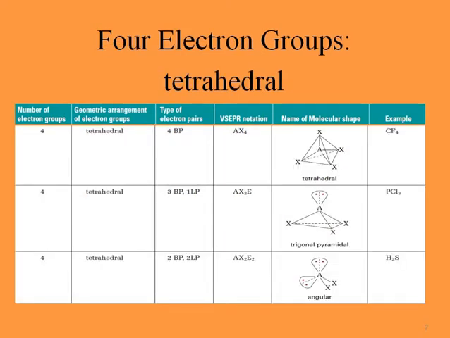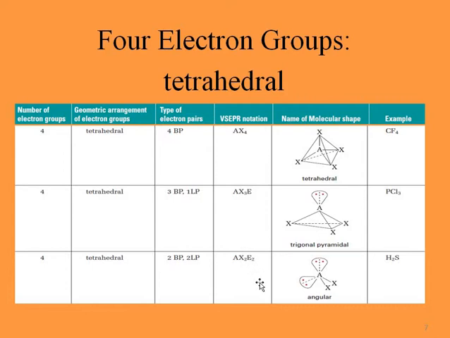Next one, 4 electron groups, or tetrahedral. We have 3 different shapes. The number of electron groups is 4 for all of them. In one kind we have 4 bonding pairs, in the second one we have 3 bonding pairs and 1 lone pair, and in the third one we have 2 bonding pairs and 2 lone pairs. So it's going to be AX4, AX3E, and AX2E2.